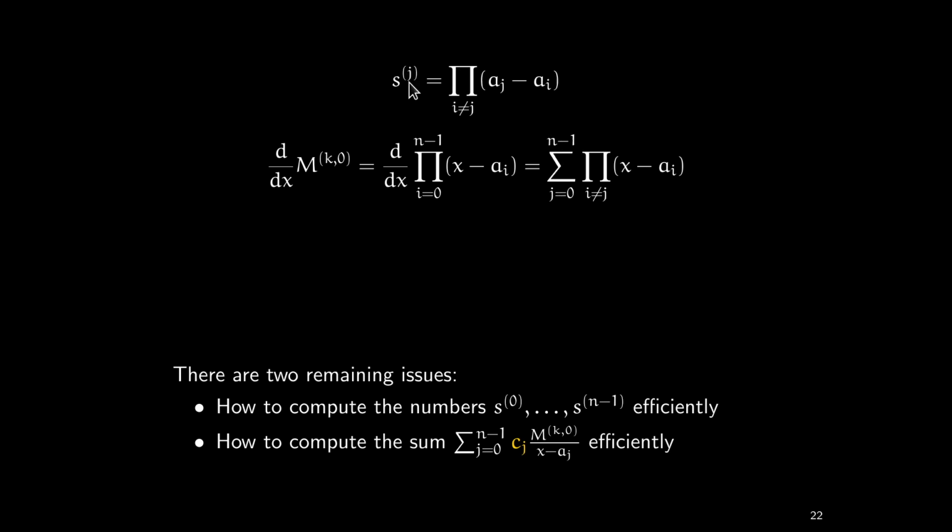So if I compute the sk, and I put the ak into the x, then this would be 0, because the i runs over all indices that are different from j, and if the k is different from j, then one factor of this product will be ak minus ak. This is 0, so they all drop out. Only the one that we are interested in will survive.